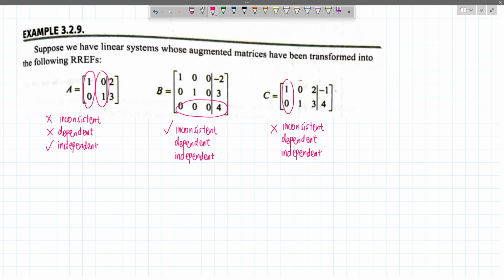Let's look at the columns. This column has a leading one, this column has a leading one, but the last column doesn't have a leading one. So that means it is dependent. This means we have infinitely many solutions. This one doesn't have a solution, and this one has one unique solution.